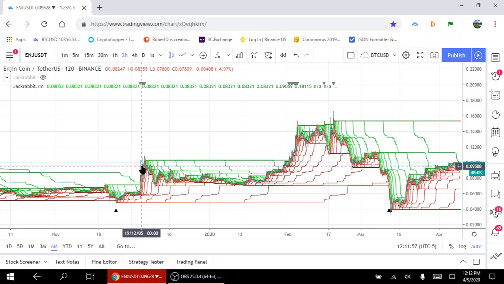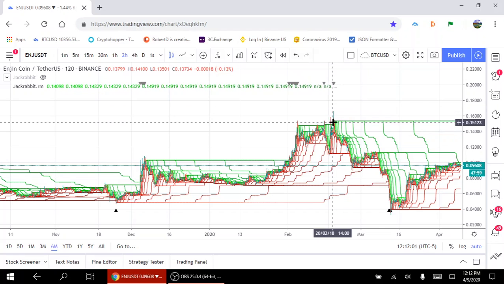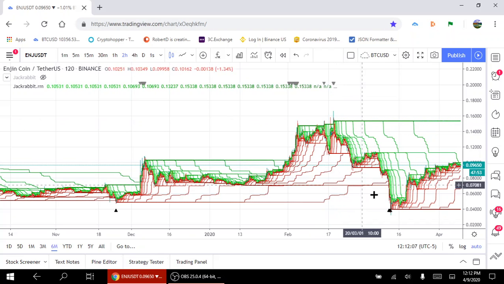That's not bad. And if you're looking to short, here's a really nice short. You're looking at roughly 15 cents to roughly 3 cents. That's a 12-cent profit. Again, not bad, easy to use, and it's not overly aggressive.